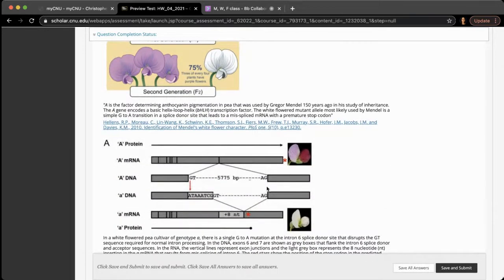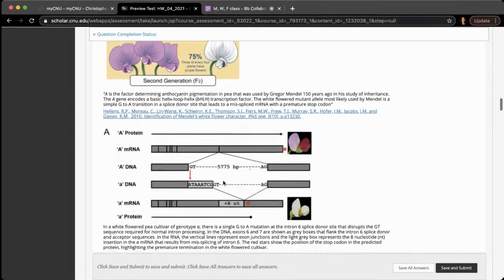This means there is in the DNA sequence a GT here and an AG here. For the functional transcription factor, that part gets cut out. This 5,775 base pairs gets cut out.